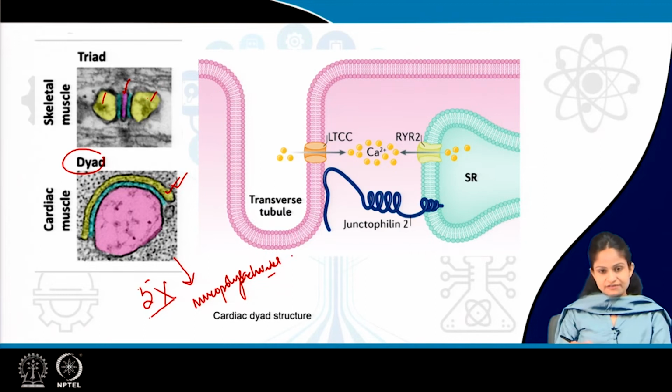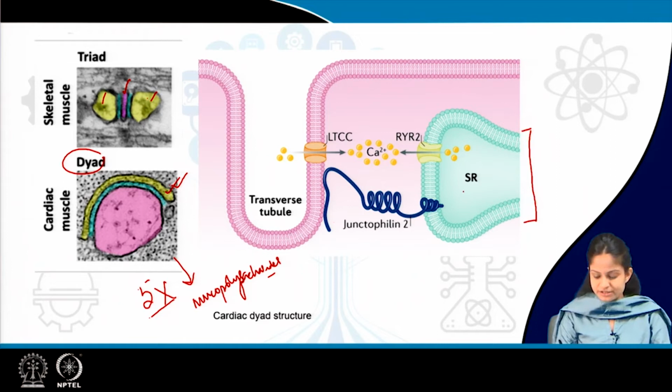Now, if we see the further detailed molecular structure, this is the transverse tubule, the invagination of the sarcolemma deep into the cell. This is the cisternae, that is the sarcoplasmic reticulum. Now, this is the T tubule, this is the sarcoplasmic reticulum.